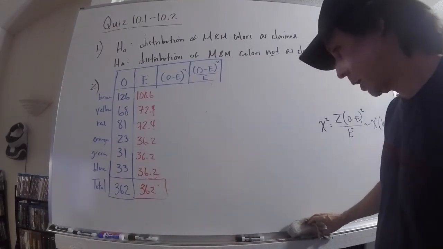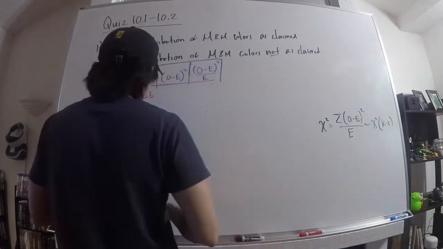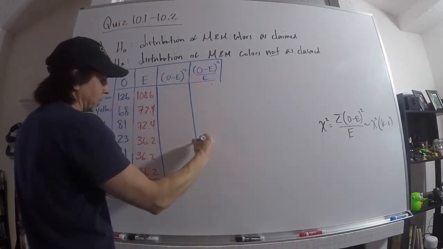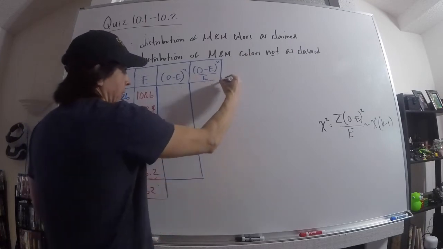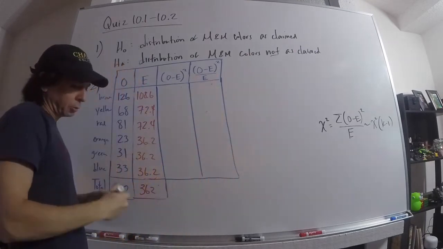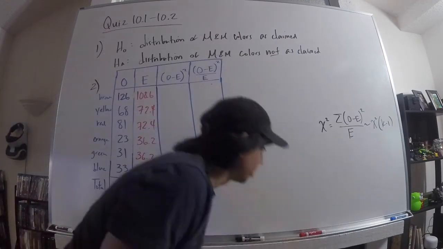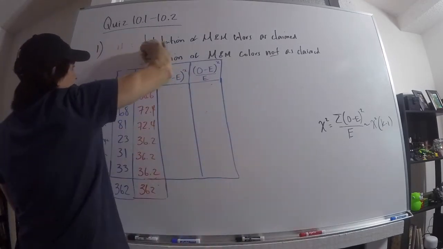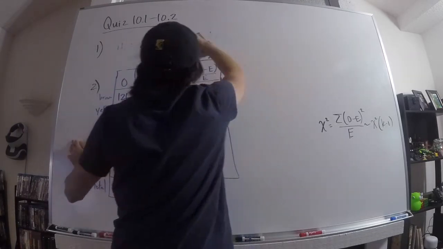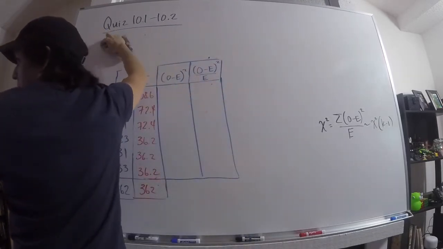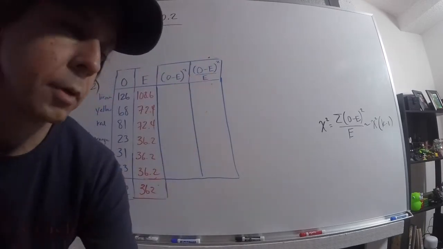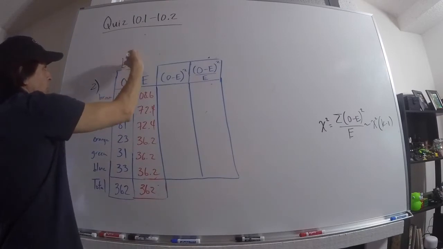Okay, now I'm ready to build my table via the list. I'm going to do my O minus E squares, then I'll do my O minus E squares divided by E. I'm going to erase my null because I usually have to write formulas up there and leave myself room, but let me just clear that out. Okay. So my O's, I'm going to be in L1.